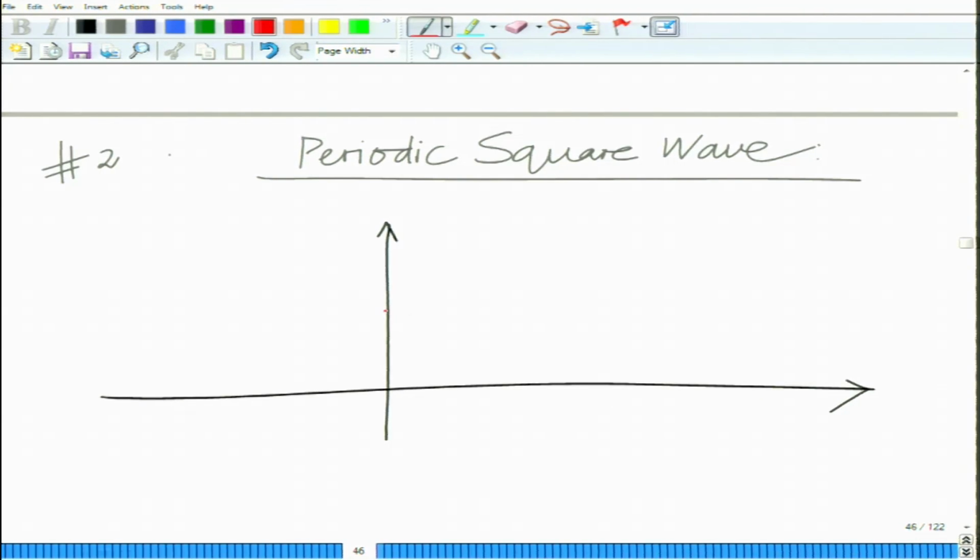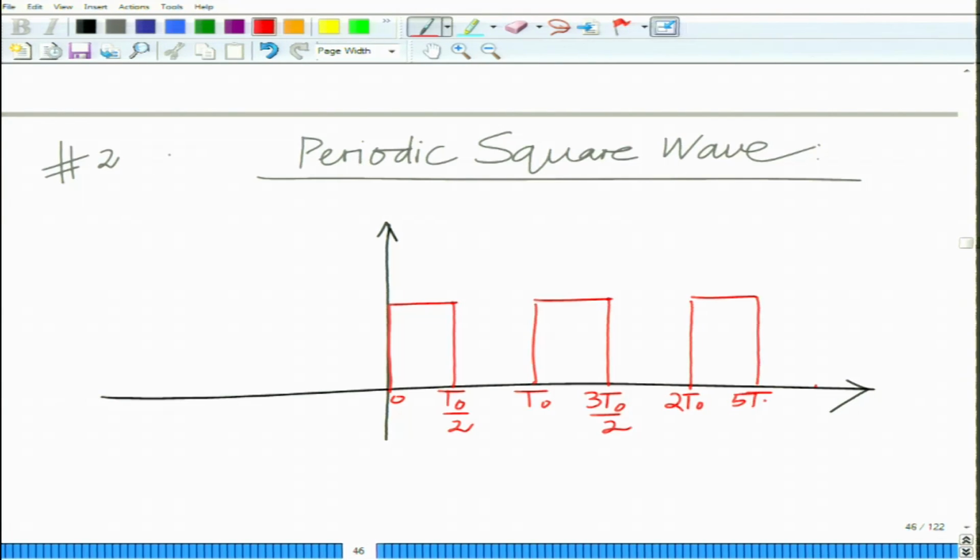So, you have a square wave which is periodic. This is of width T naught by 2 and this has a period of T naught.